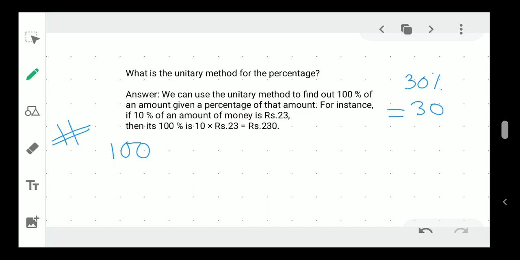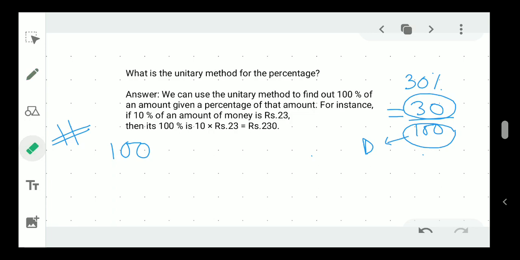You have learned already, 30% means 30 by 100. So 100 is my total and 30 is my selection, because 100 is in the denominator. When something is in the denominator it means the total. So 30% means out of 100 rupees I have to pay 30 rupees.